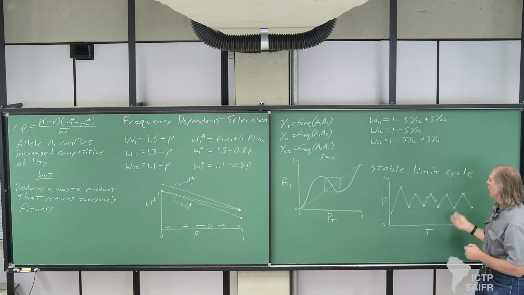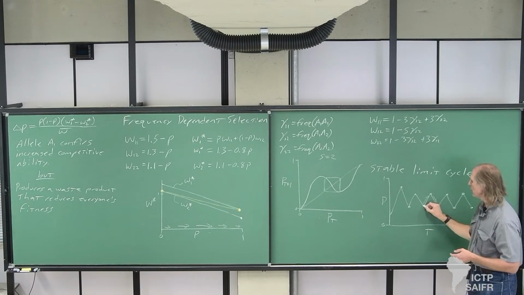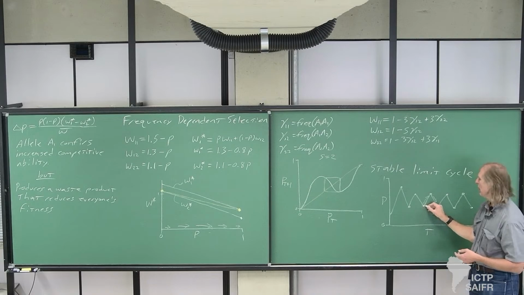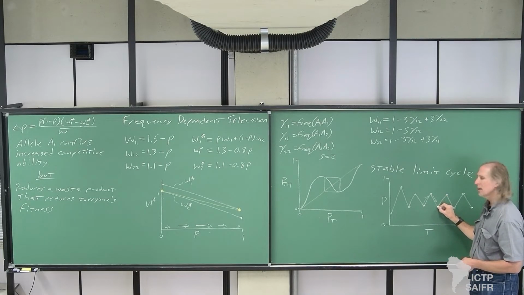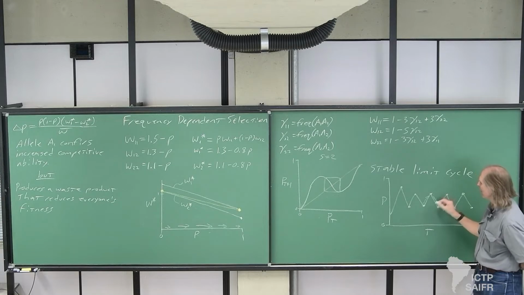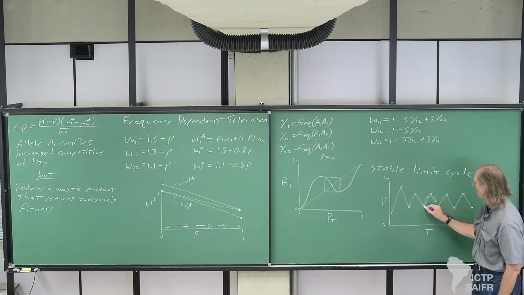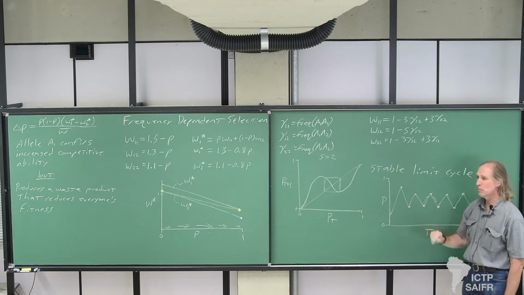And if it existed, it would have to be the case that when you're at this point, it has some value, and then it goes up to get you to this point. And then it goes up again to get you to this point, and it goes up again to get you to this point, and so forth. However, this point and this point are the same. So they have the same value of p.